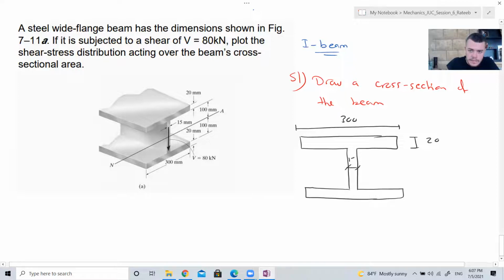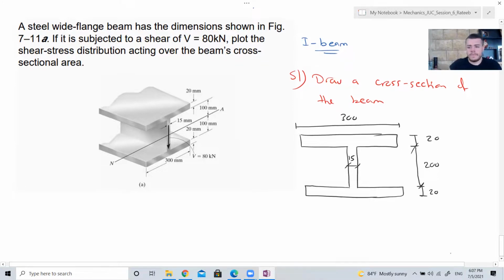This distance is 15. This distance is 20. And this total distance is 200, from here to here. It's 100 plus 100. Understood?